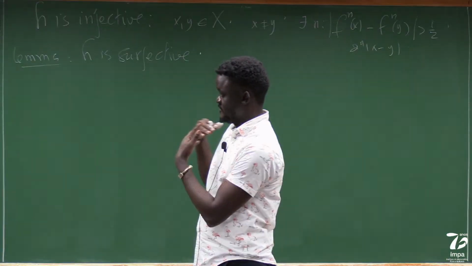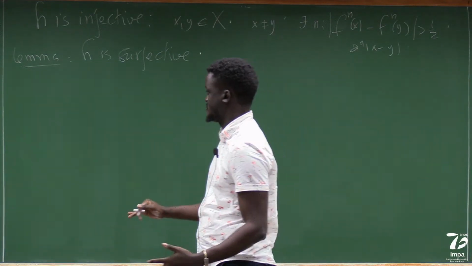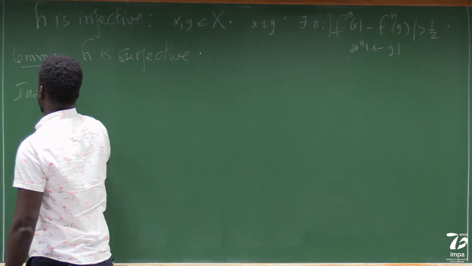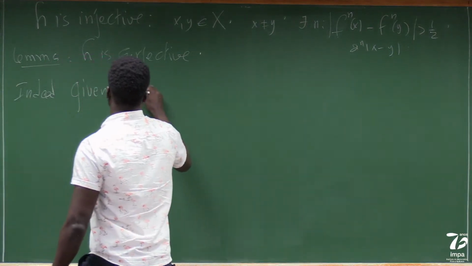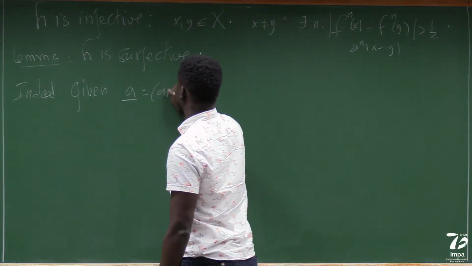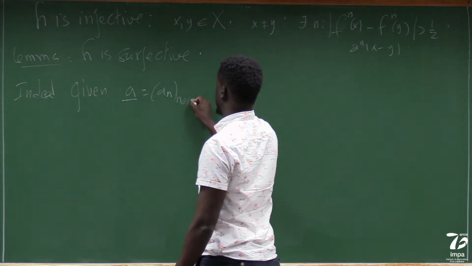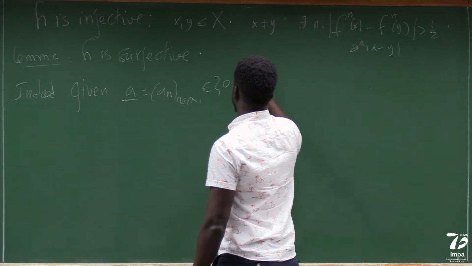If you give me a sequence, I can define the point that is associated to the sequence as follows. Given a sequence A0, A1, up to An, which sometimes I write like this, this is in {0,1}^N.